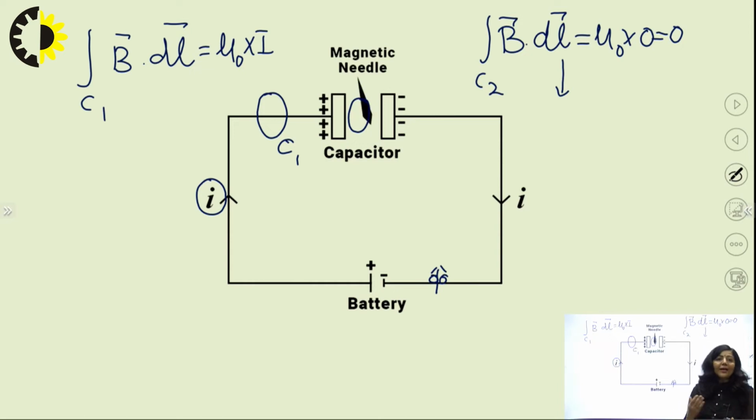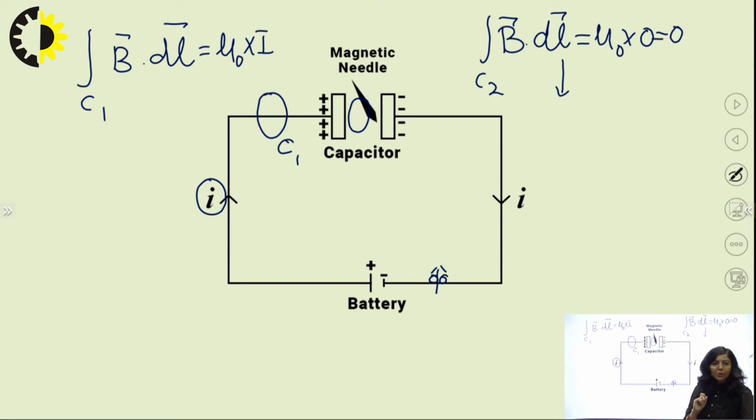So what is that reason? What is that factor which is responsible for this magnetic field, which is responsible for deflection in this magnetometer box? We have to understand what is the basic reason of magnetic field for loop C2. And the reason is very much in front of you.